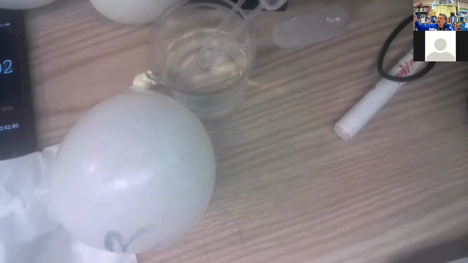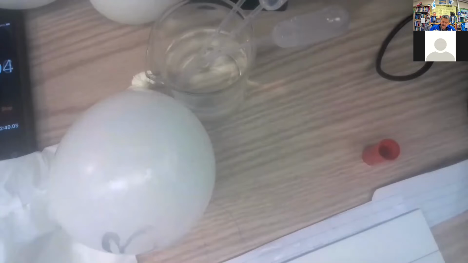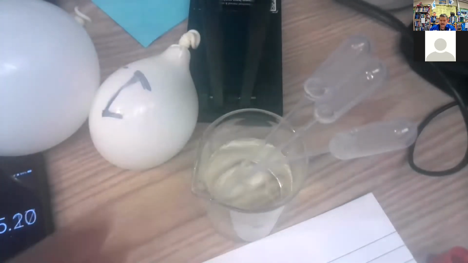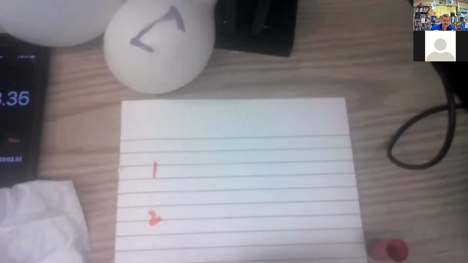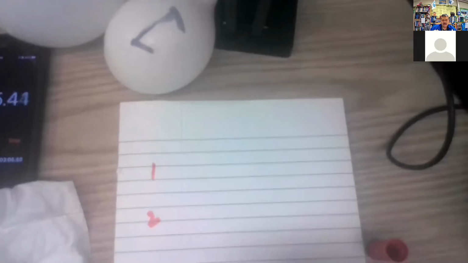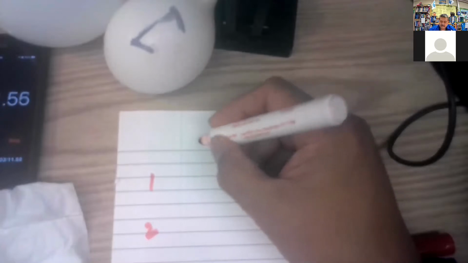Let's go ahead and do that. As you know, we have 3 different balloons. So 1, they go right there. We don't need the water anymore. 1, 2, 3. And we have times in.